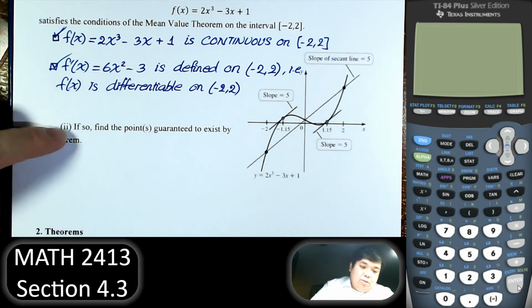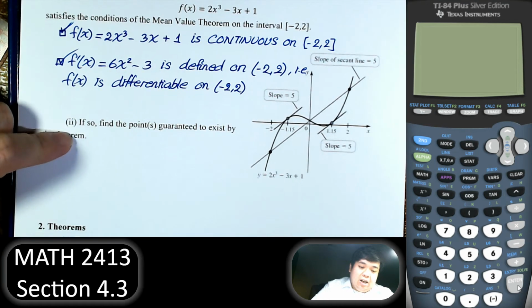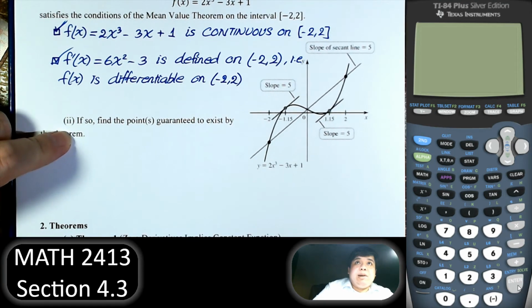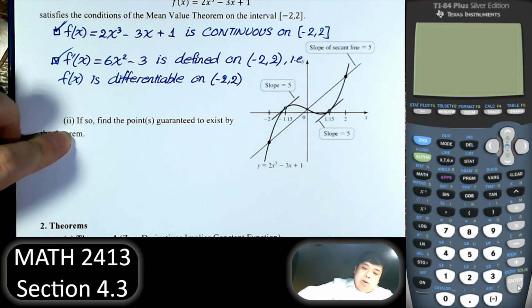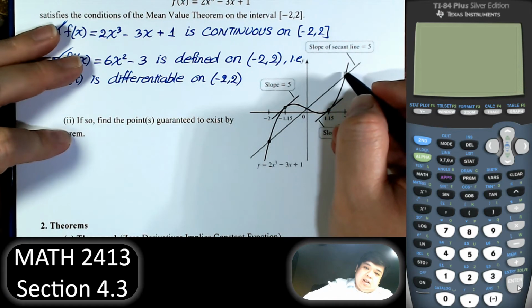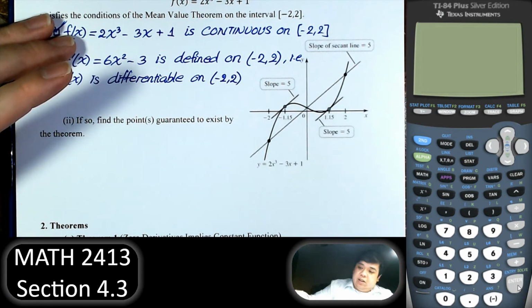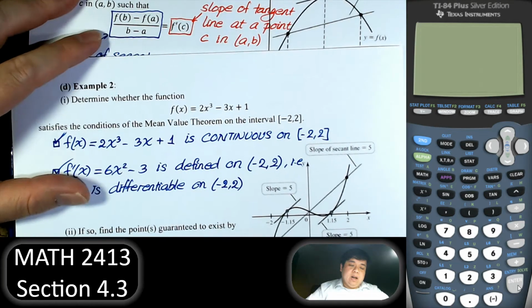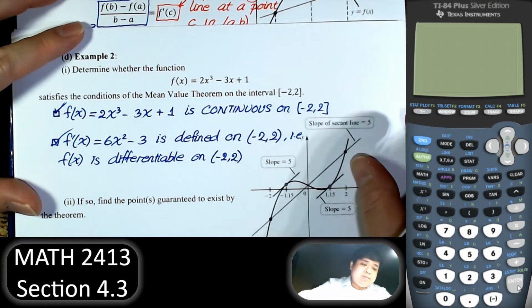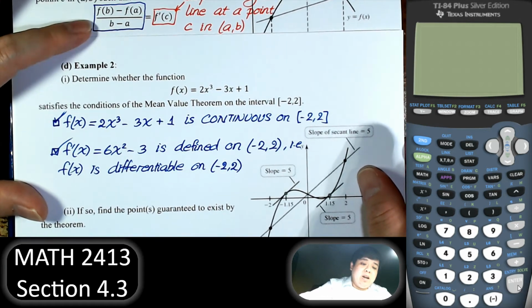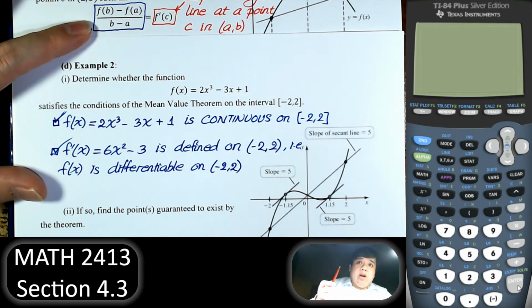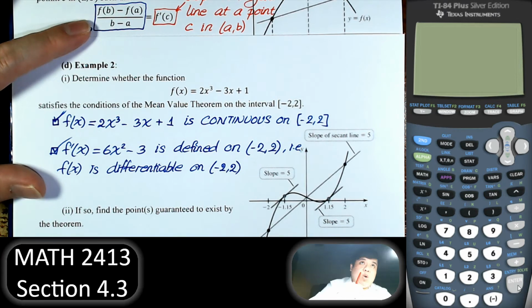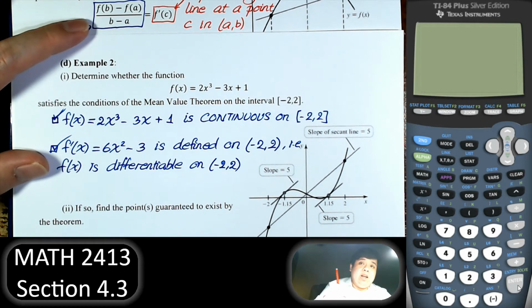Next, find the point guaranteed by the theorem. First of all, we have to find the slope of the secant line. The mean value theorem says there will be a point where the slope of the tangent line equals the slope of the secant line through the endpoints.